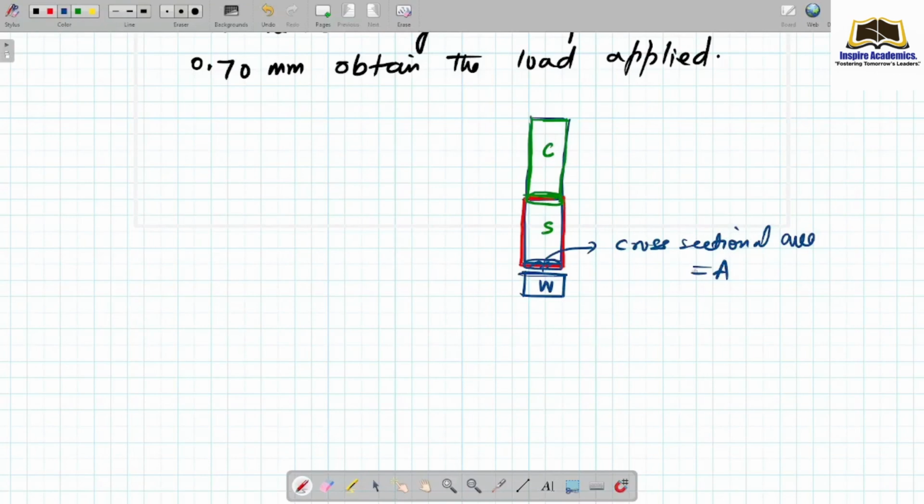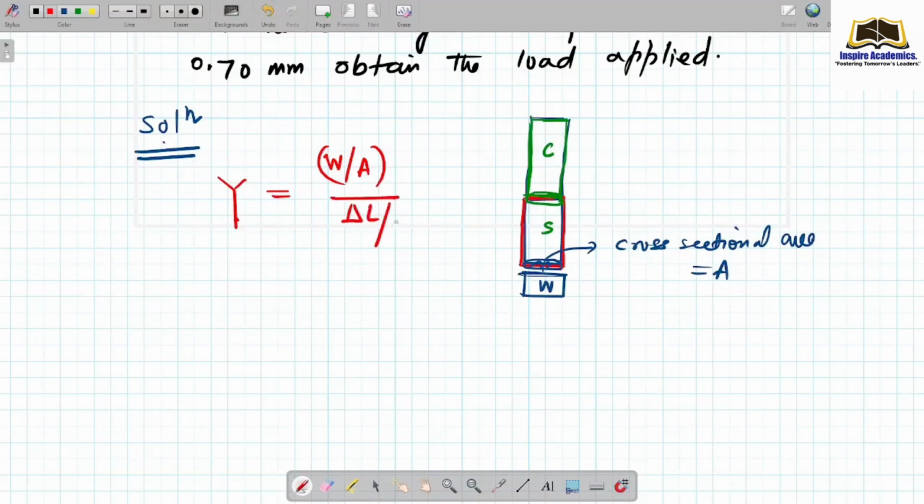So if we see what is the formula, फंडामेंटल फॉर्मूला, यहाँ पे लिख दो सॉल्यूशन. तो फंडामेंटल फॉर्मूला क्या होता है यंग्स मॉड्यूलस का? Y is F upon A, yes or no, और F is here some W, yes. So क्या लिखोगे, W upon A divided by delta L upon L, यही होगा ना.